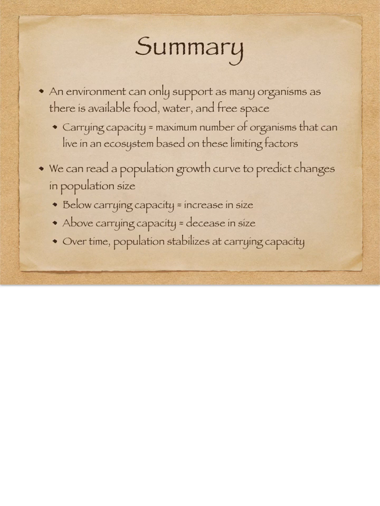So in summary, an environment can only support as many organisms as there is available food, water, and free space. Carrying capacity is the maximum number of organisms that can live in an ecosystem based on these limiting factors. We can read the population growth curve to predict changes in population size. Below carrying capacity, you expect the population to increase in size.